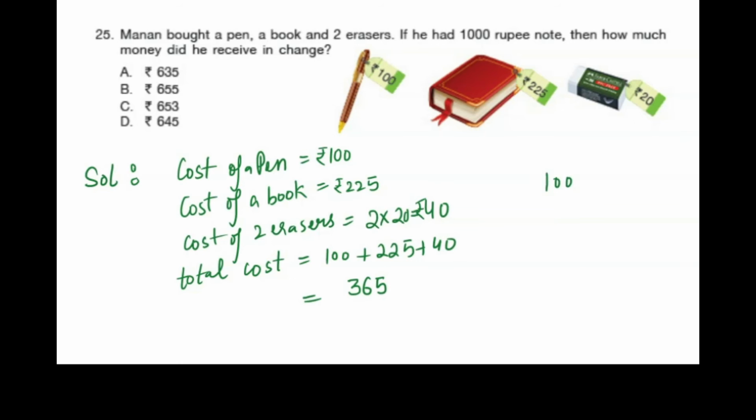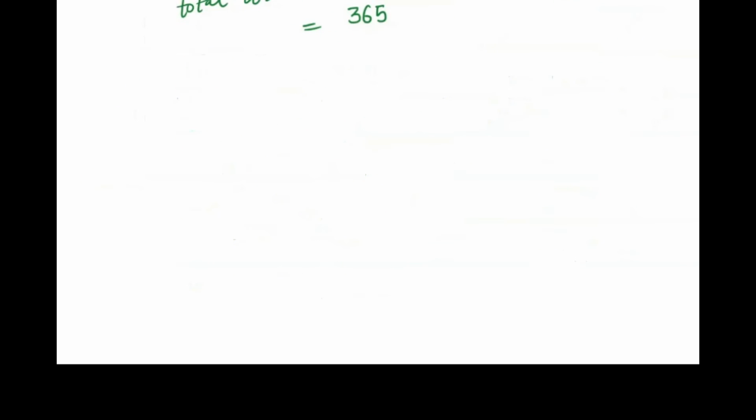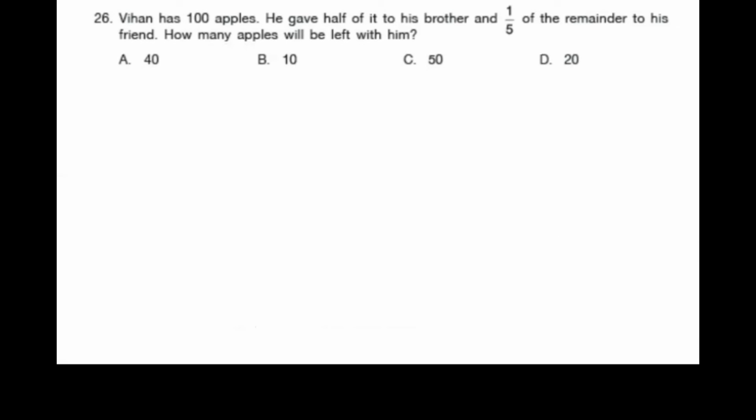So, 1000 minus 365, it will be 10 minus 5 is 5, 9 minus 6 is 3, 9 minus 3 is 6. 635. Option A is the correct option. Question number 26. Vihan has 100 apples.